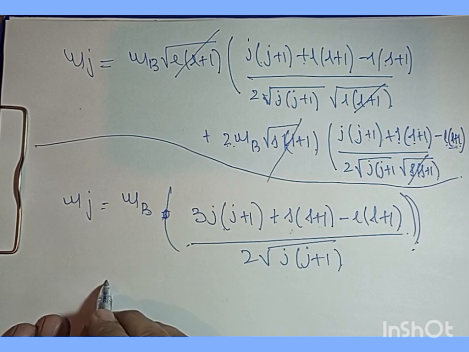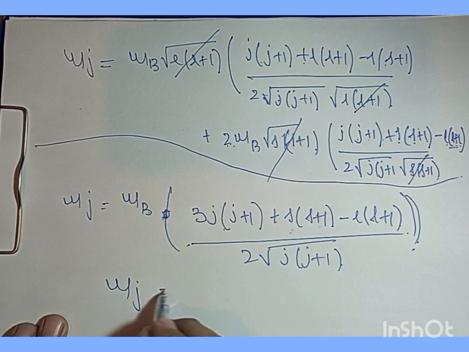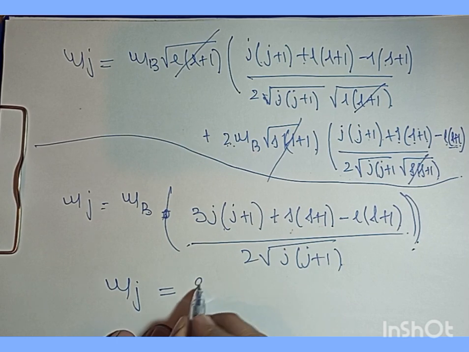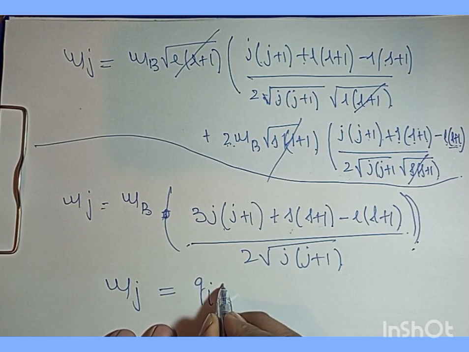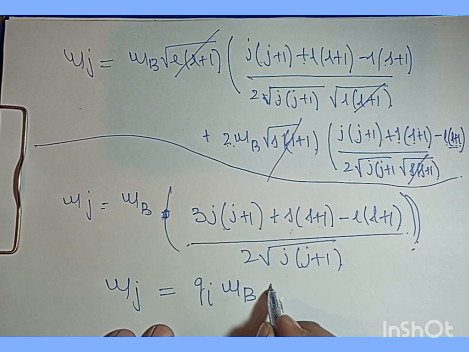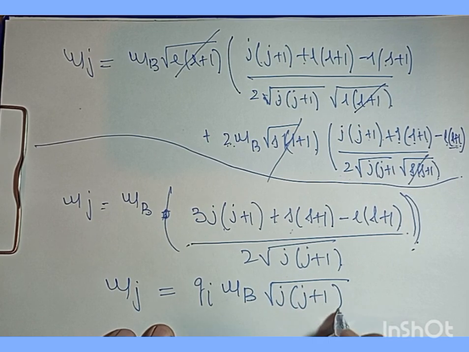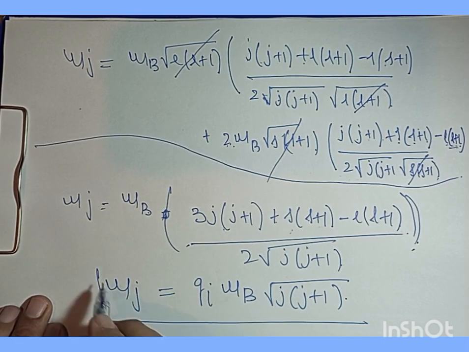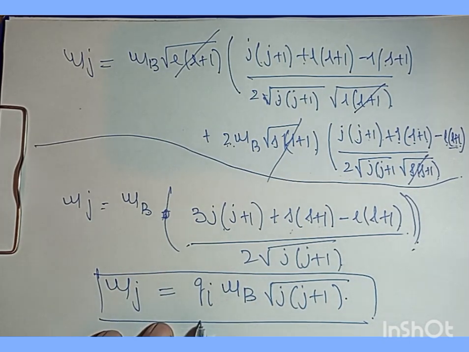Now we can write down this equation as mu j is equal to gj and mu b under root of j times j plus 1. Now this term that has been introduced here, this gj, is called the Lande splitting factor.